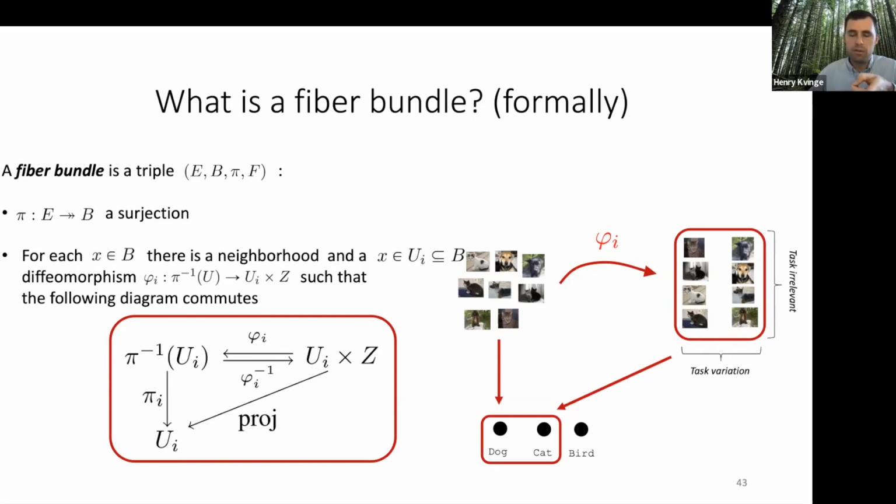So if my neighborhood is just around dogs and cats, I'm going to need to decompose all the images of dogs and cats into a product that has the labels as one part of the direct product, and then some sort of notion of fiber that captures the variation in those different classes. And we, of course, are not interested in classification, but it's an easier picture to draw.